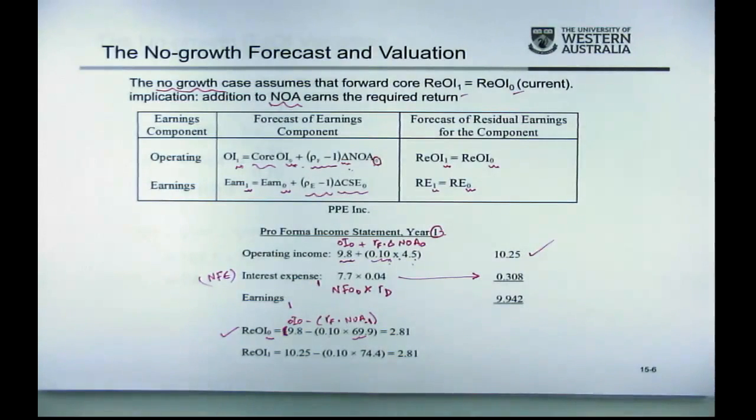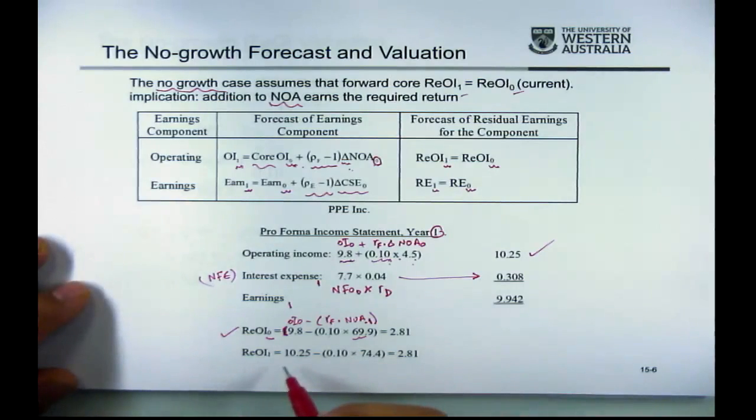If we are using zero, zero means current year, -1 means last year, okay? And the residual operating income in year one is equal to the operating income expected in year one minus the product of the cost of capital and the net operating assets in year zero.